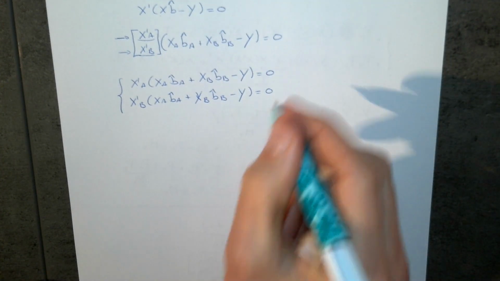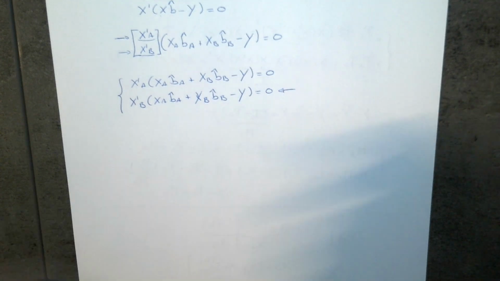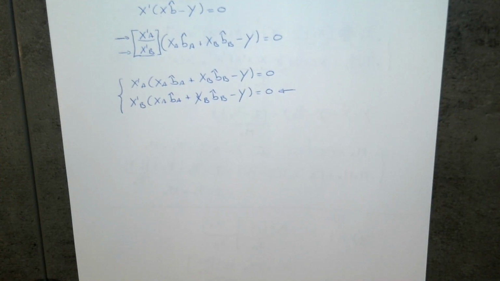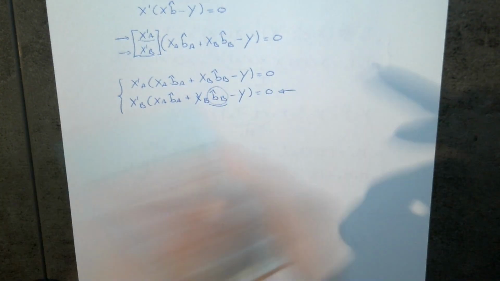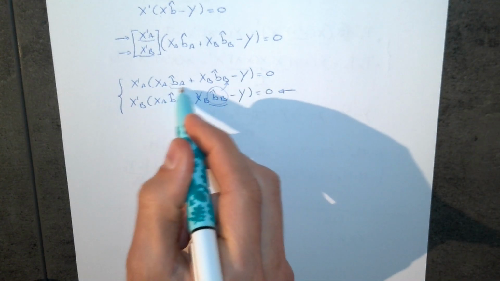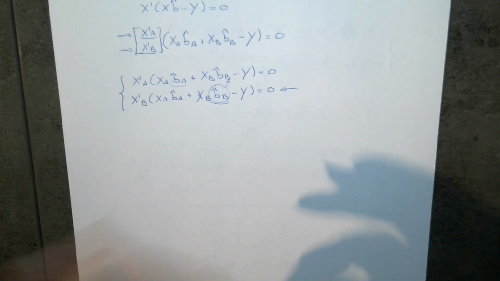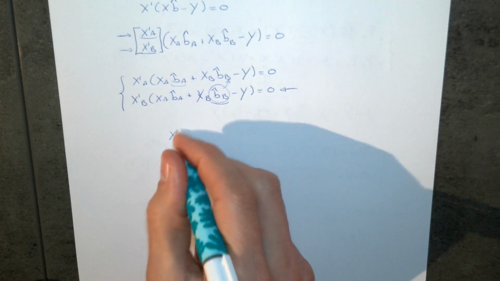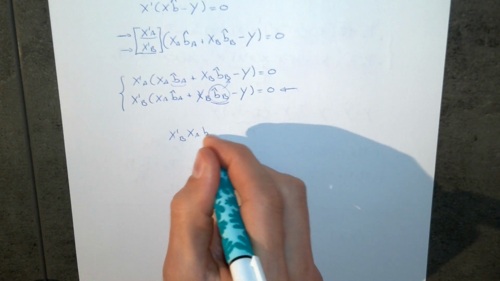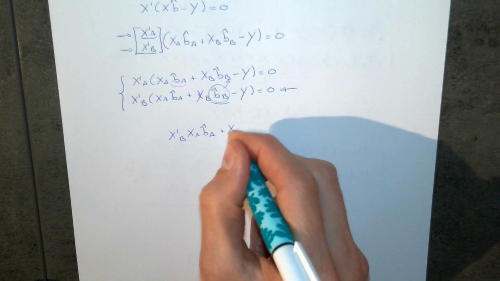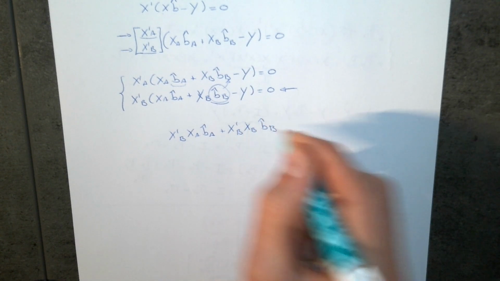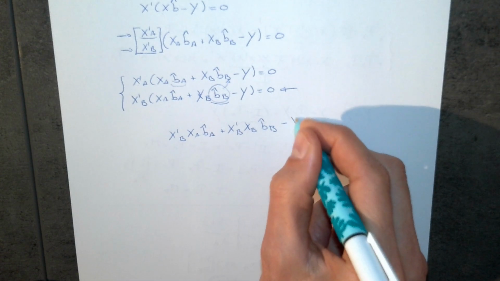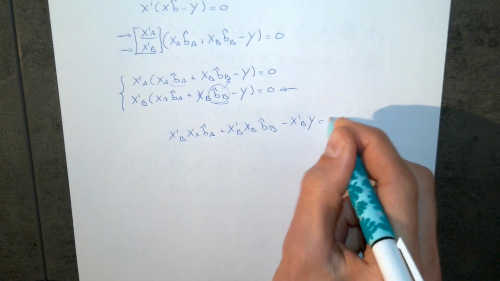So what are we gonna do? We're gonna rewrite this in terms of b hat b, and then we're going to substitute the expression that we get here into the first equation and see what we will get for b hat a. Okay, so if you rewrite this here, we get x prime b xa b hat a plus x prime b xb b hat b minus x prime b y is equal to 0.